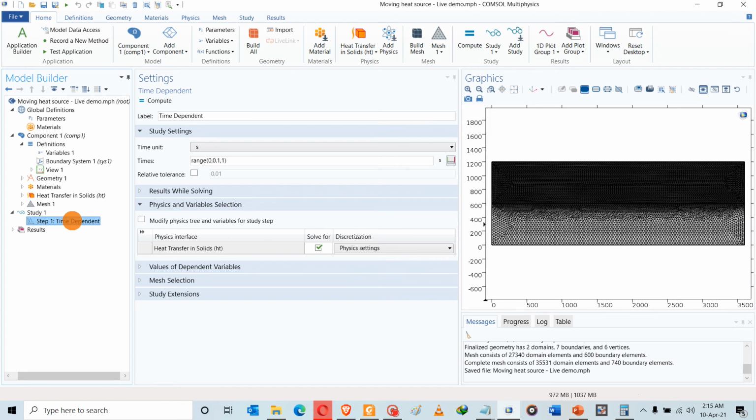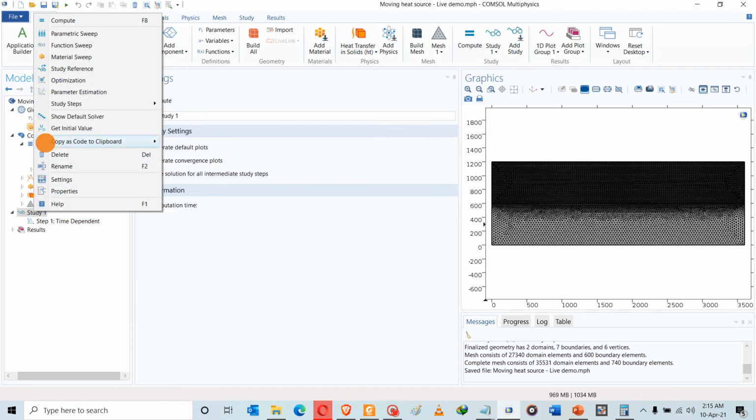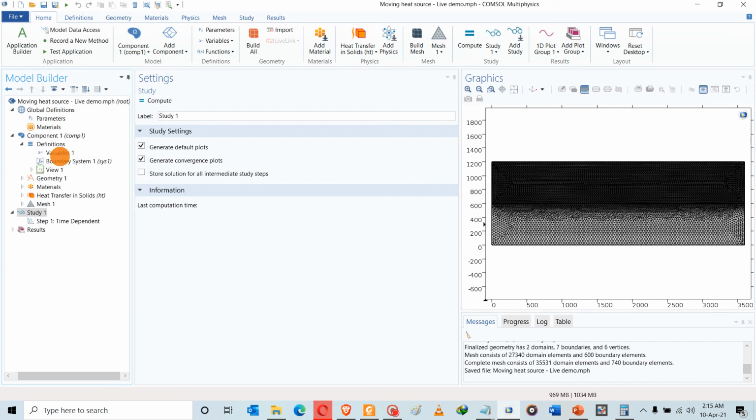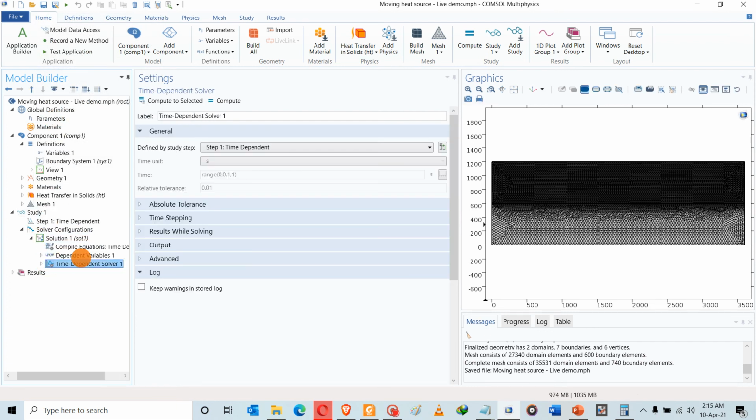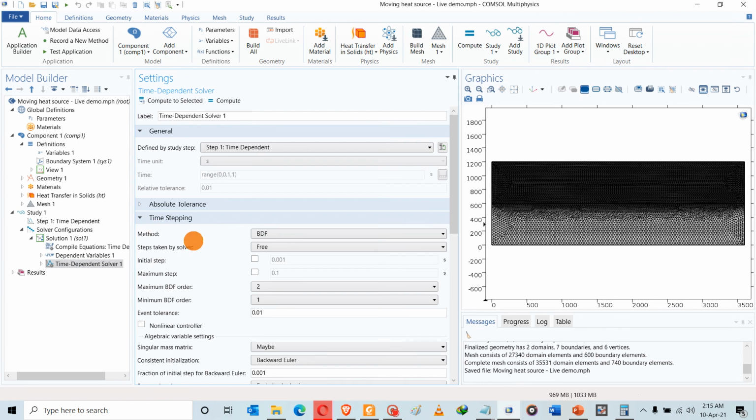So this is the time-dependent study. Let us add show default solver. What you want here is to change at least the time stepping, make it intermediate. You want to improve at least the chances of convergence.